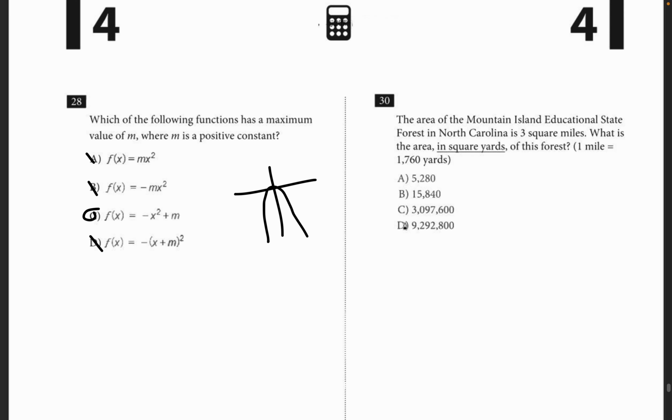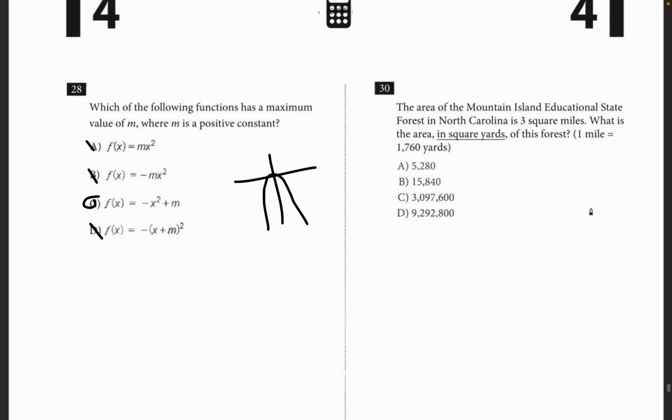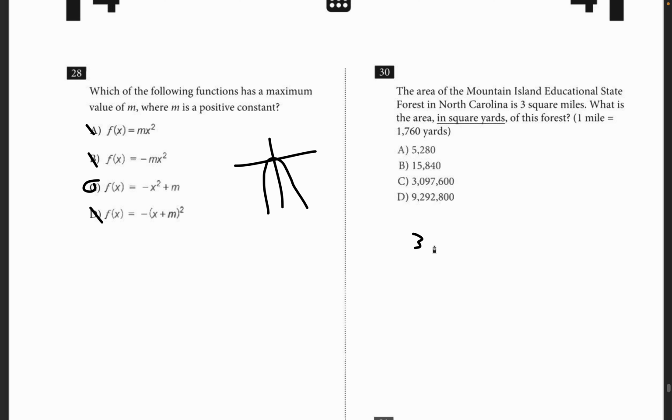Okay, 30. The area of the mountain island educational is 3 square miles. What is it in square yards? Okay, so 3 miles squared. 1 mile squared is equal to how many? So if we square the miles, we have to square the yards. So 1760 times 1760.